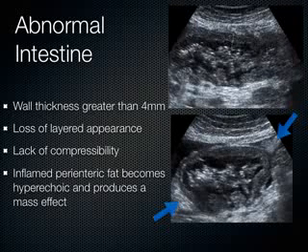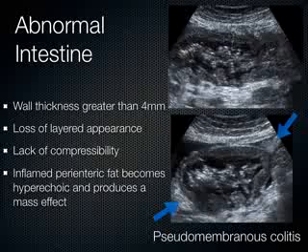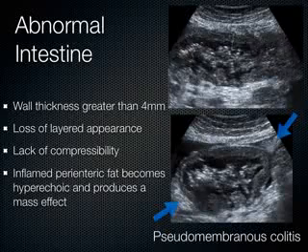And when I compress them, it exudes this mass effect. It all kind of moves together as one unit. Now, intestines should easily flop around and slip around each other and should slide amongst one another. When there's inflammation or abnormality there, then it all moves together like a unit. And this is an example here of a patient who had pseudomembranous colitis.